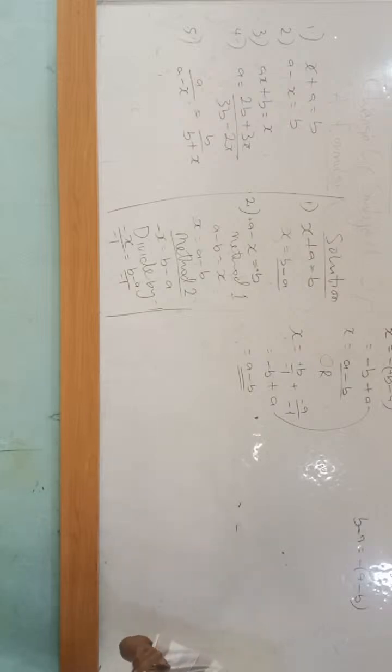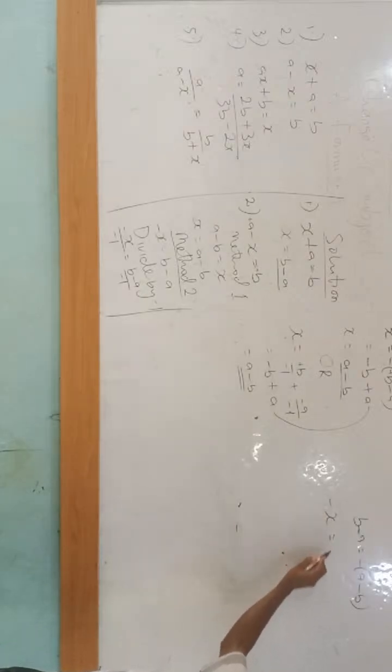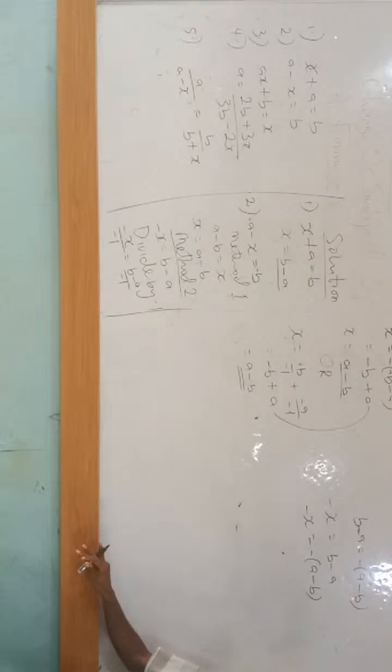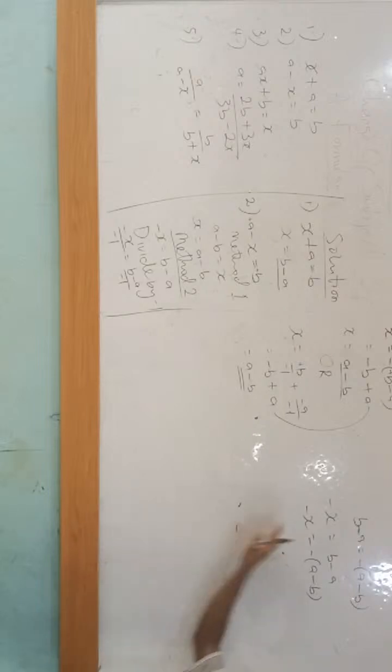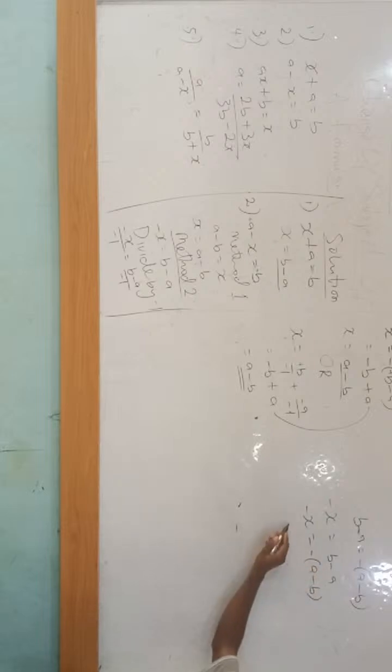I'm just having to expand this way just to see how the clarity will come. Now, let's say minus x is b minus a, which is the same thing as minus a minus b. If minus x is equal to minus all of this, then that means x is a minus b.